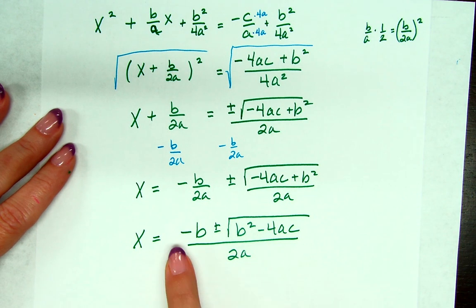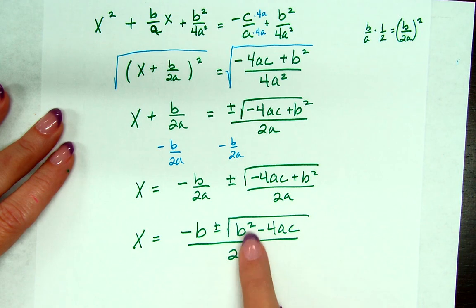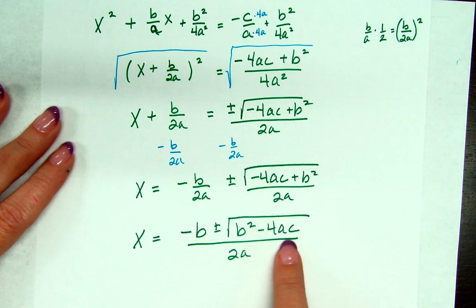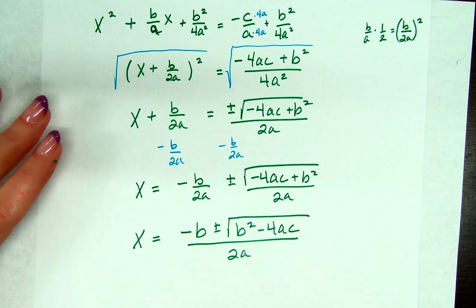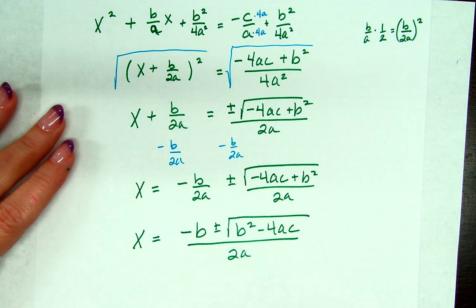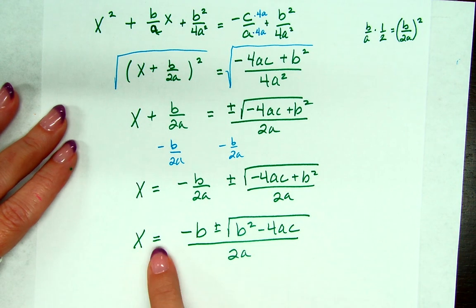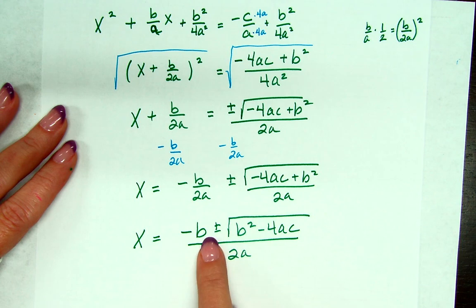X equals negative b plus or minus the square root of b squared minus 4ac all over 2a. One more time. You ready? X equals negative b plus or minus the square root of b squared minus 4ac all over 2a.